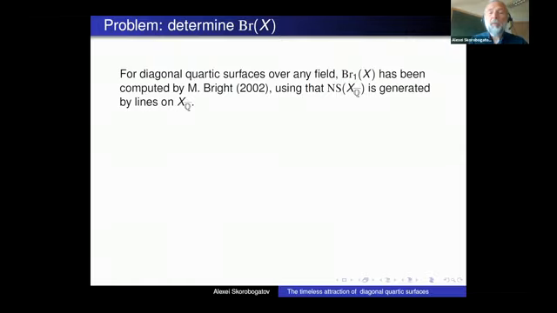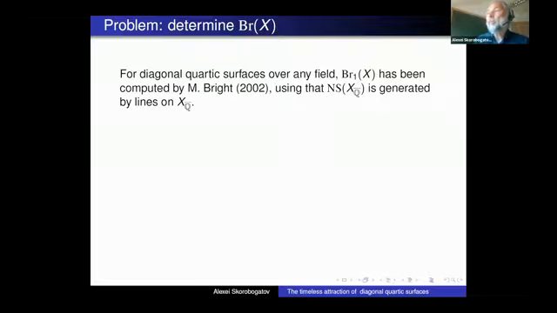This can be done because the Néron-Severi group over Q-bar is generated by the classes of lines. There are 48 obvious lines on a diagonal quartic that are defined over Q-bar. And by just looking at the Galois action on these lines, you can compute the algebraic Brauer group.